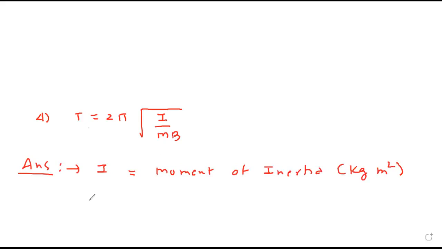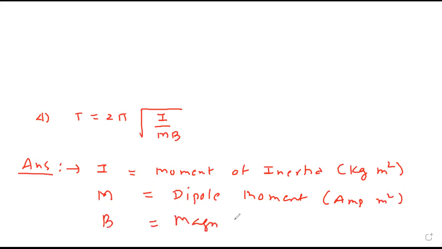What is moment of inertia? We'll study it in 12th standard, rotational dynamics, first chapter. M is dipole moment. This we will study in the magnetism chapter. Unit is ampere meter square. B is magnetic field. This also will be studied in 12th.